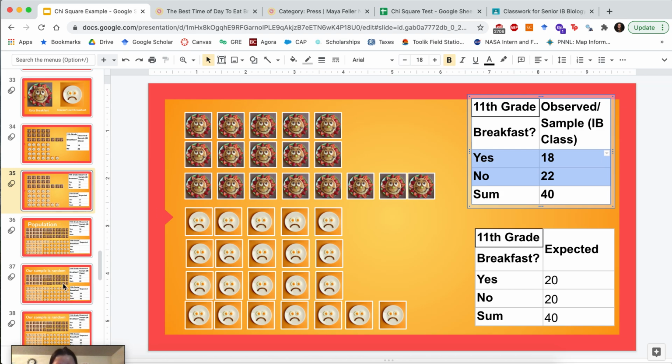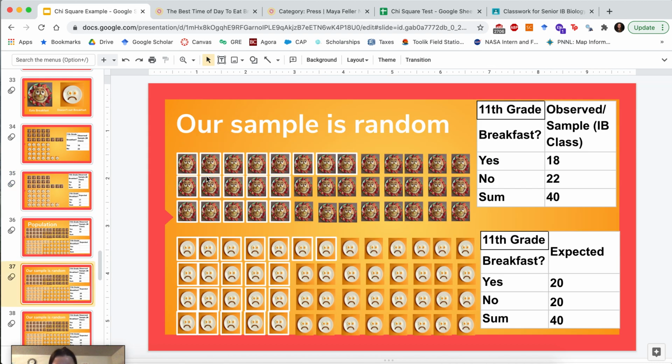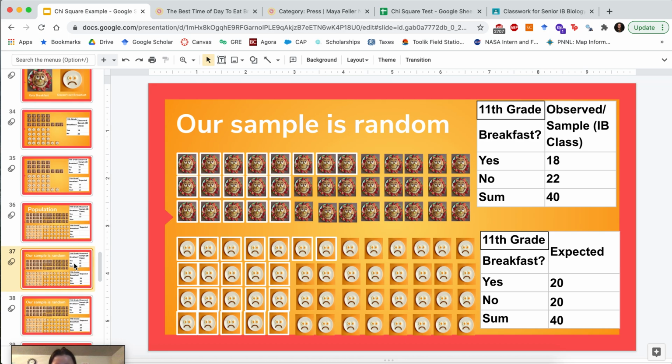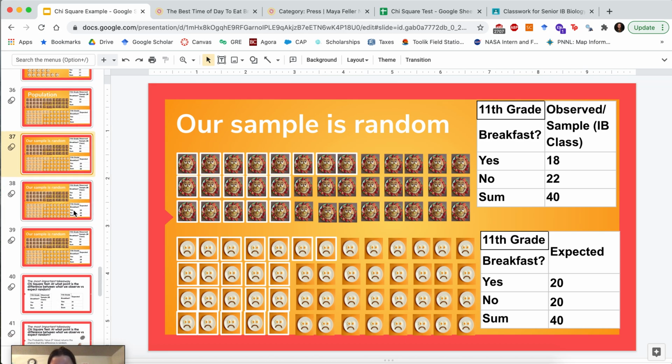But we need to remember that this is just a sample. I've highlighted just our sample in the white outline, and this whole thing is our population. Our sample is random. Our sample might not be the most accurate to our population.